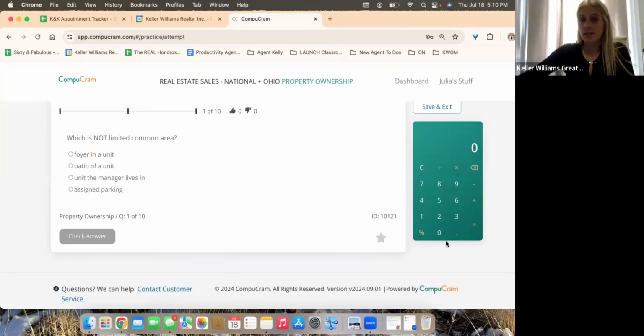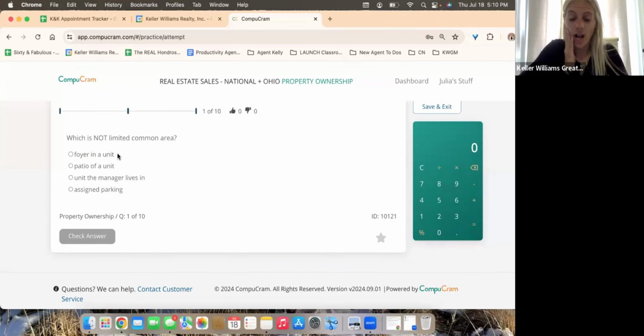Honestly, the test has every section on it. I'm trying to think, looking at that, I feel like a lot of it was property ownership, market valuation, transfer of title, contracts. There's a little bit of calculations, but not a lot of calculations when it comes to the various sections that were on the test.